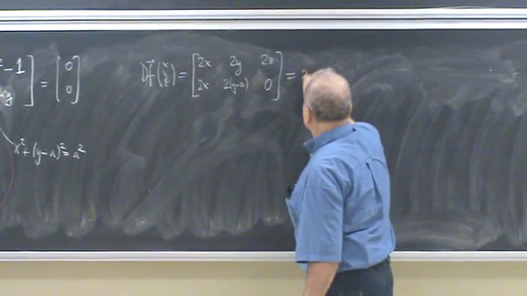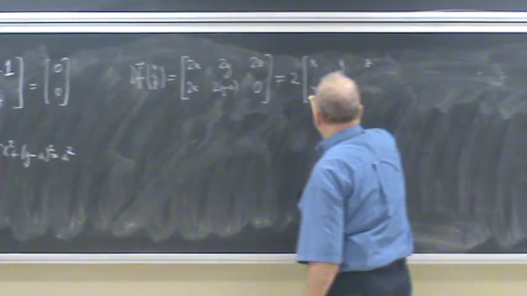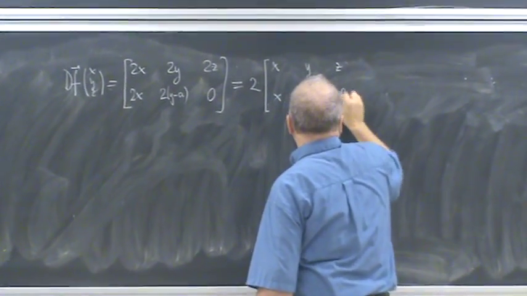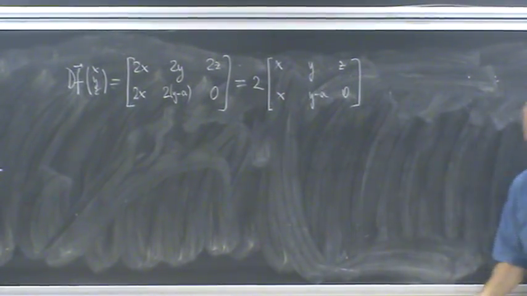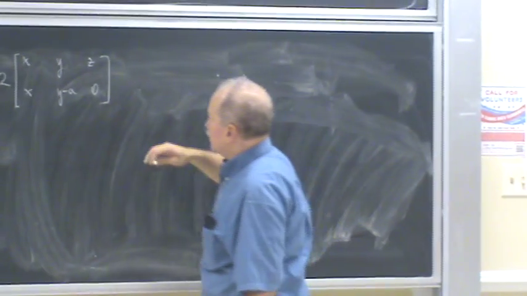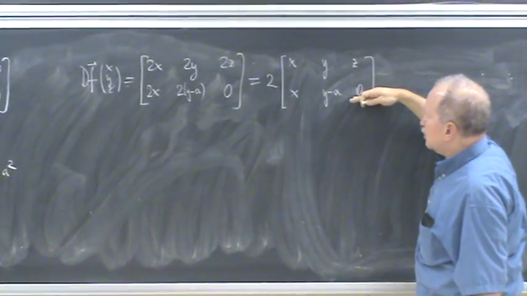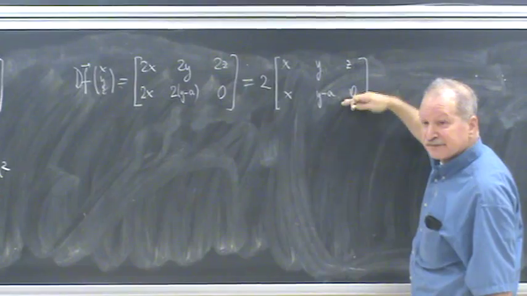Zero. So once again, I'm tired of the 2's. And we want to know, could these vectors be linearly independent or dependent? Yes.